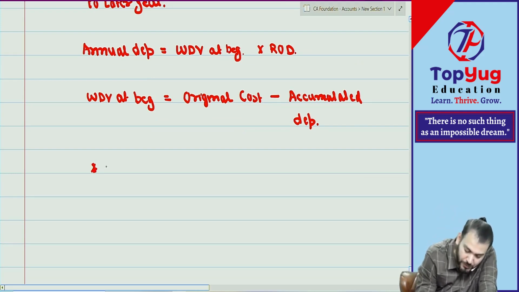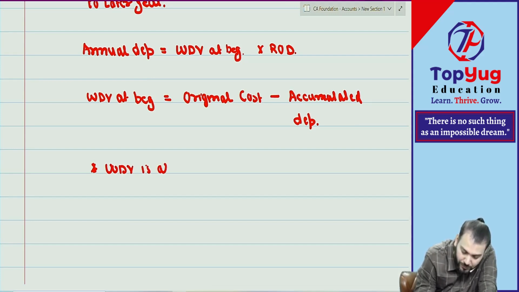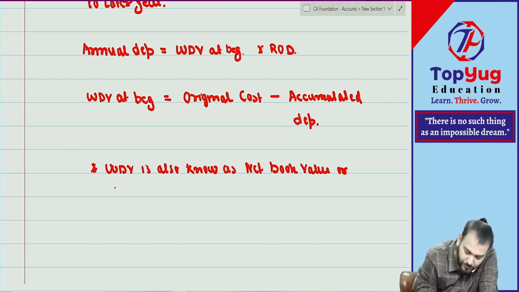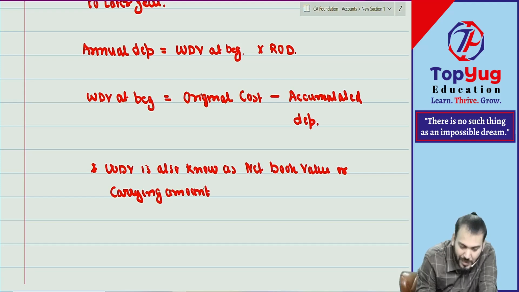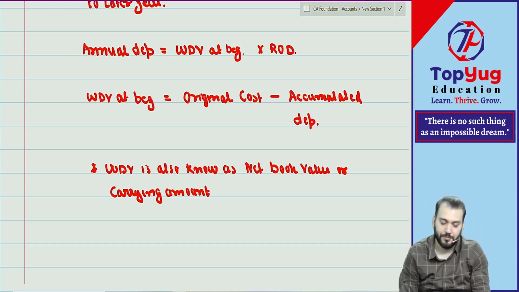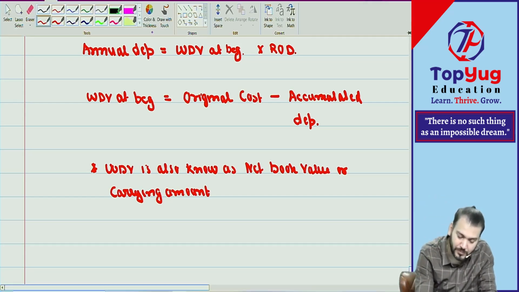Note, WDB is also known as net book value or carrying amount. We'll come to this word, don't worry. Just write it down and leave it.